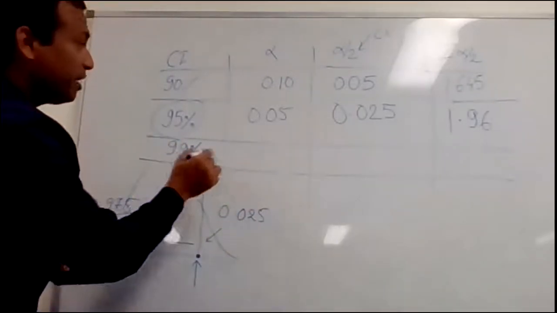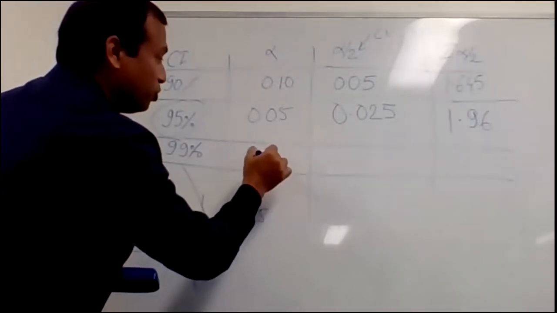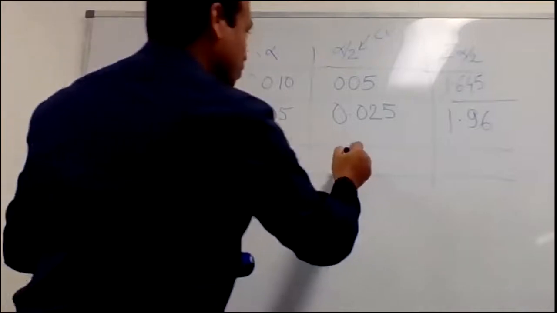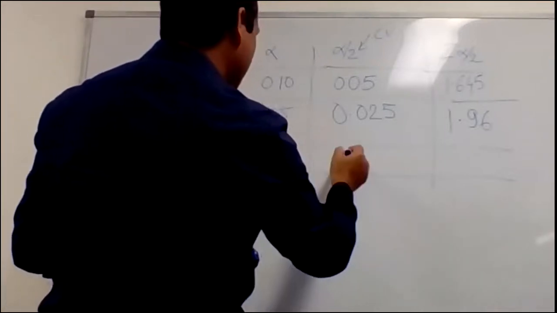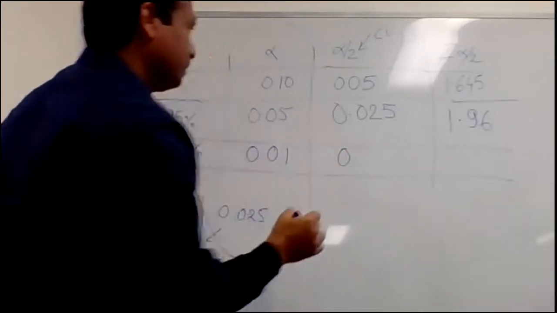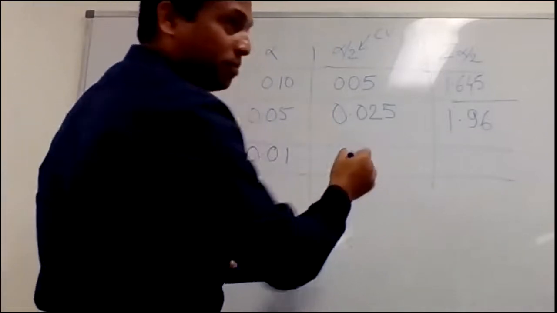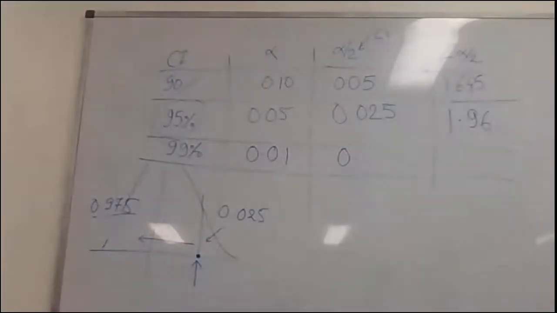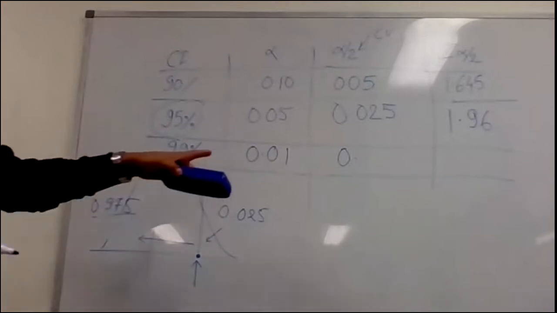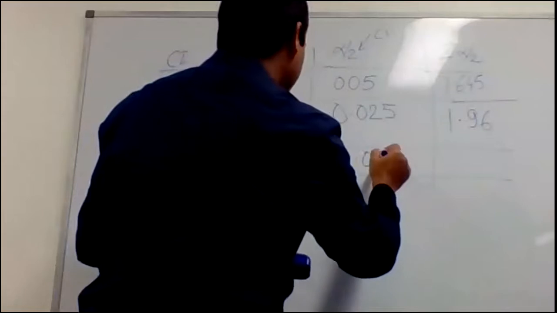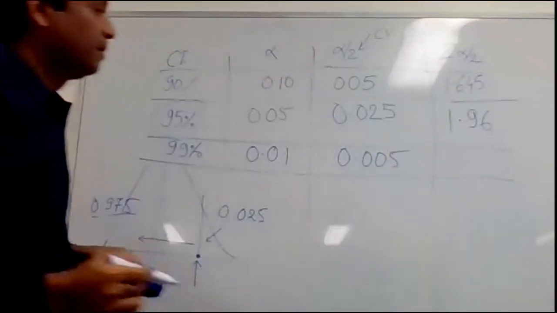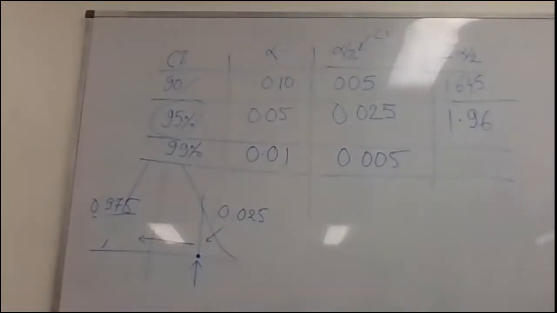interval. For the 99%, it will be 0.01. So the corresponding half value will be 0... How much will it be? 0.005, right? Yes, 0.005.